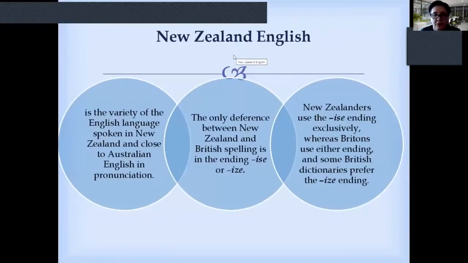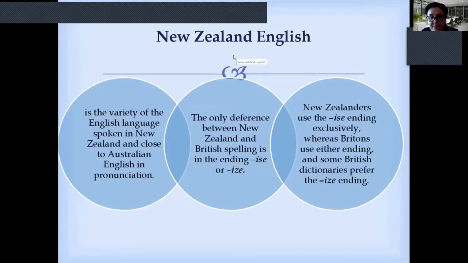Speaking about the variants of English that are used in New Zealand, that is called New Zealand English. New Zealand and Australian English are very close in their pronunciation.